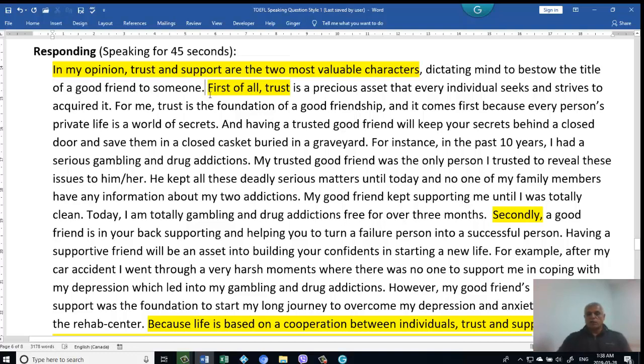First of all, trust is a precious asset that every individual seeks and strives to acquire.